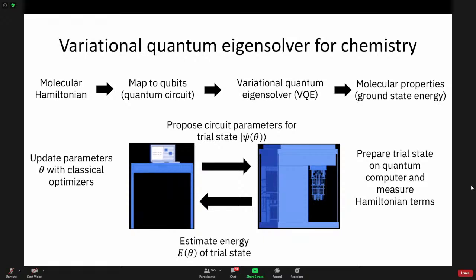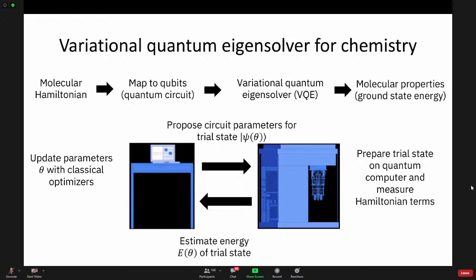Then you construct a circuit, perform the variational quantum eigensolver, and you get the energy. In the variational quantum eigensolver, you use two different types of computer, a classical computer and a quantum computer. You first propose a circuit for a trial state on a quantum computer, measure the Hamiltonian terms, and estimate the energy. And then you update the parameters using a classical optimizer on a classical computer.